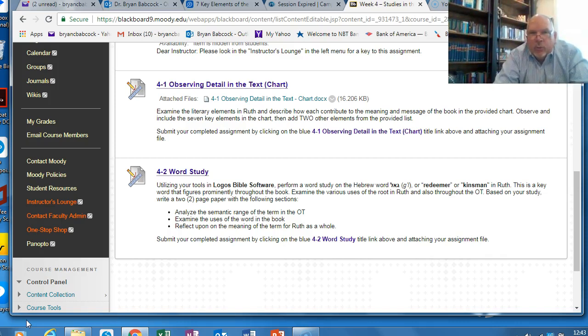The others were when someone just looked at Ruth and did not look at Goel throughout the rest of the Bible. And then the final deduction area was often when they did a good study of the Hebrew word, but then didn't really contextualize it into what does that mean for us today?